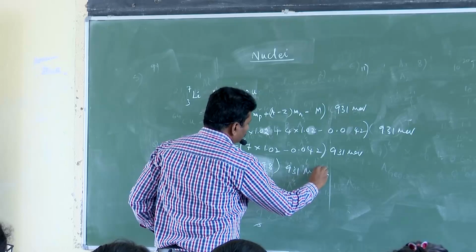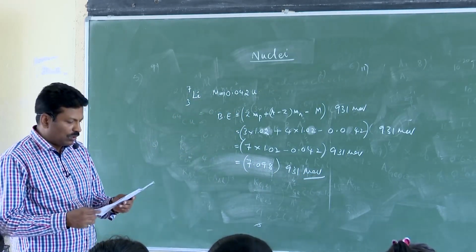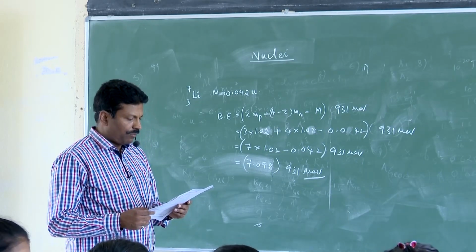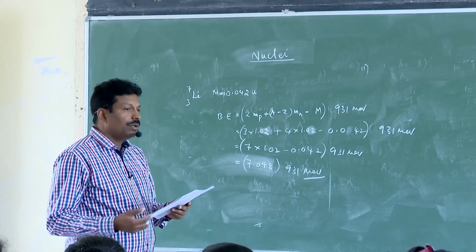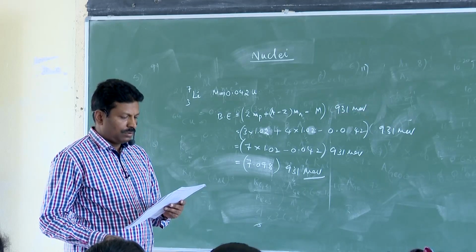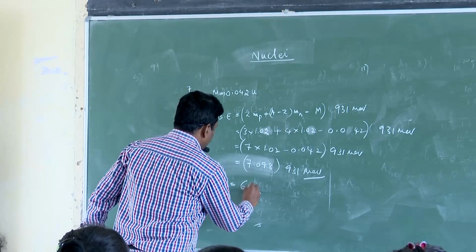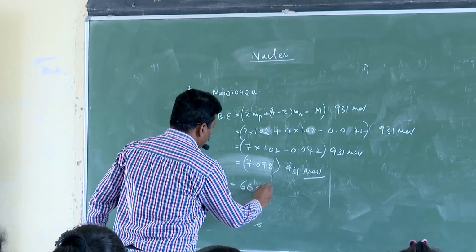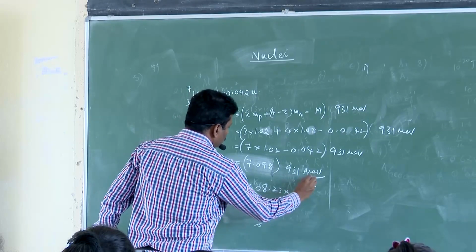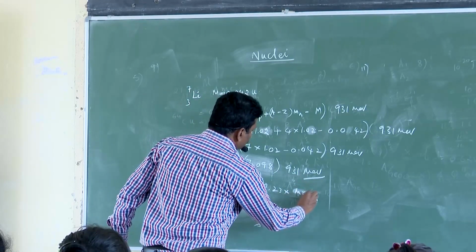How much do you get? 6608.238. Final answer, 6608.238 into 931, multiply, mega electron volt.